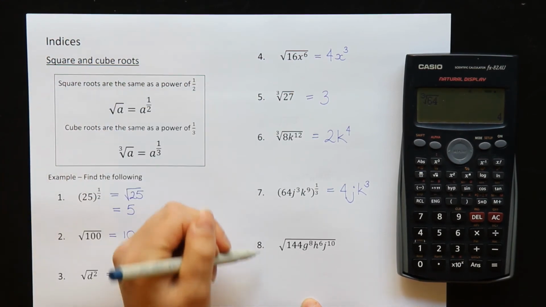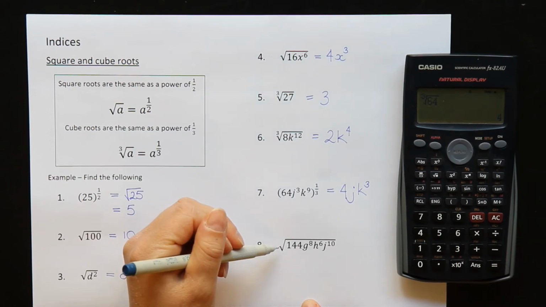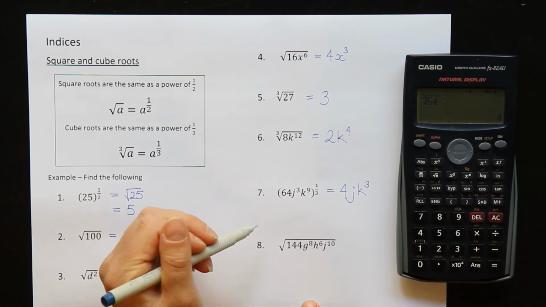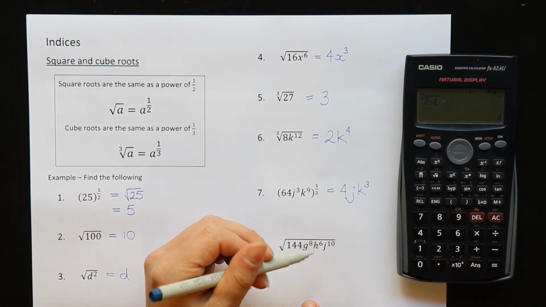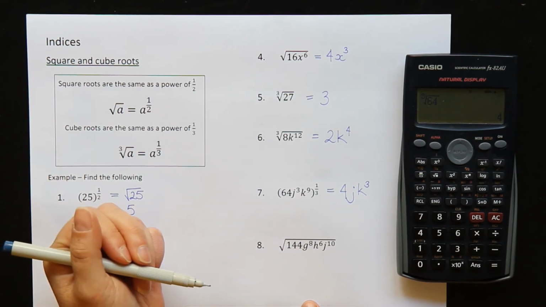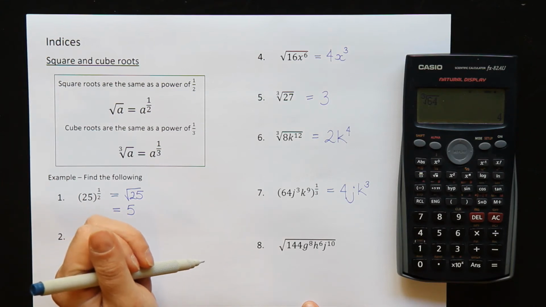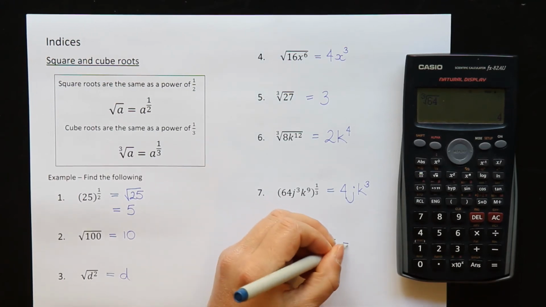Okay, and just to show that we can go backwards and forwards here, we are going back to a normal square root again. I have a normal square root sign of 144 g to the power of 8, h to the power of 6, j to the power of 10. You can put as many things under that square root sign as you like. As long as you know the rules, then you can easily work it out. All I have to do is square root 144.